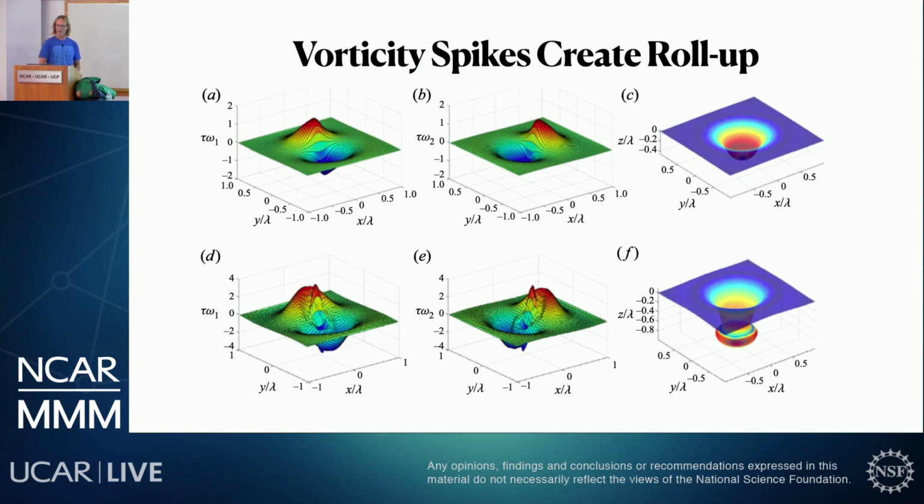Okay, so it's an interesting question as to what creates this roll-up in the Rayleigh-Taylor instability and the Kelvin-Helmholtz instability. What I'm showing you here is what the vorticity concentrated on this surface actually looks like. On the top row, it's the lower order model, which is like this envelope, and it doesn't roll up very much. In the bottom row, it's the higher order model, which has great roll-up.